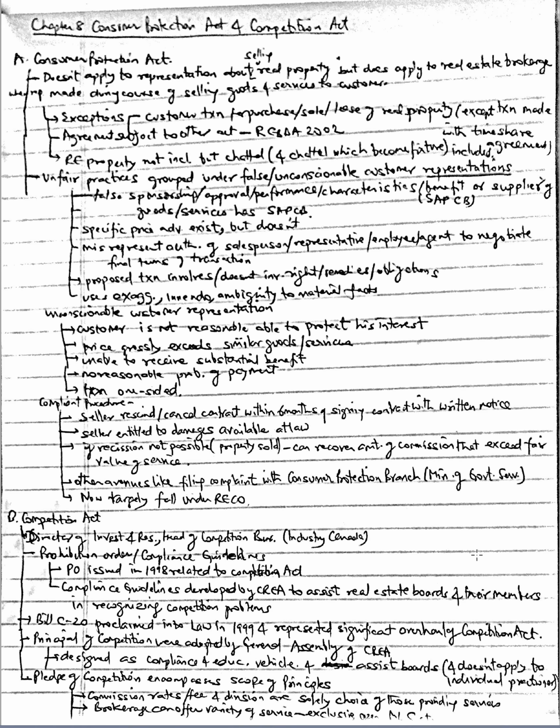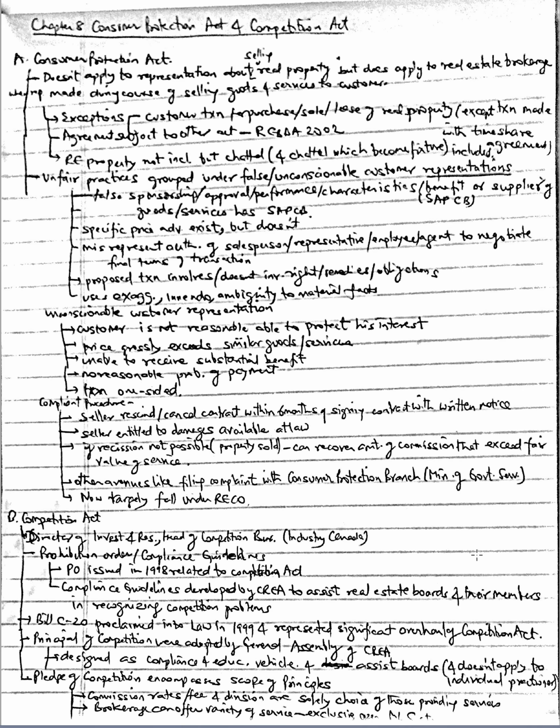In addition, C-20 provided a maximum statutory limit of 10 years for prohibition orders issued after the proclamation of the bill. The Federal Court subsequently ruled the prohibition order involving real estate ended in 1999, the day the amendment to the Competition Act was proclaimed.